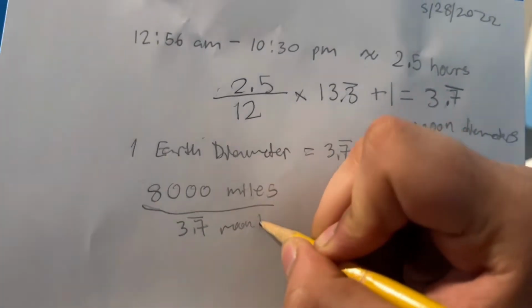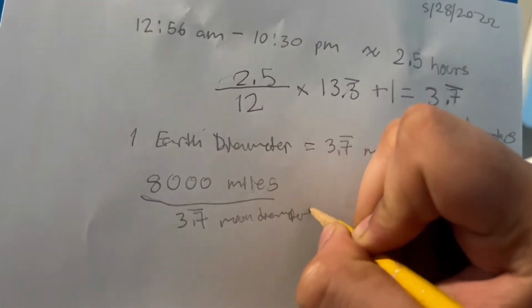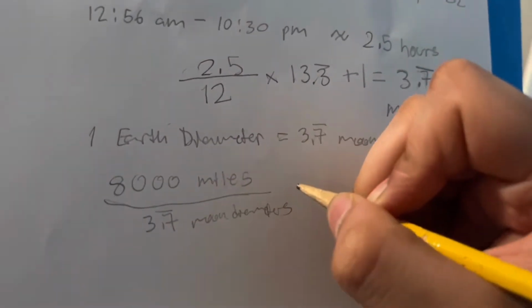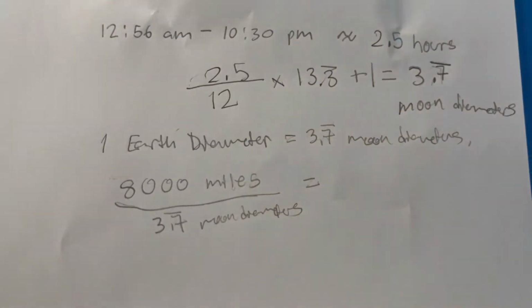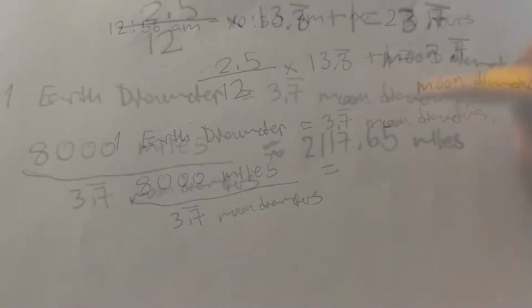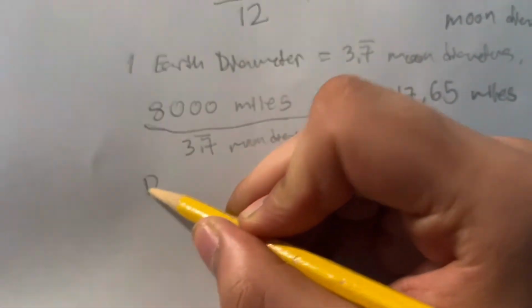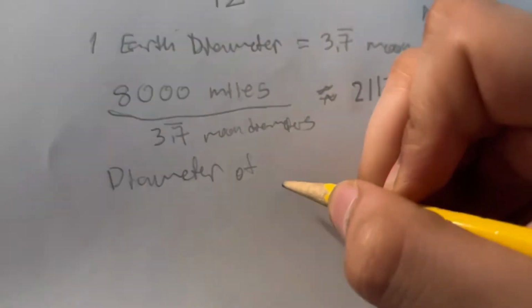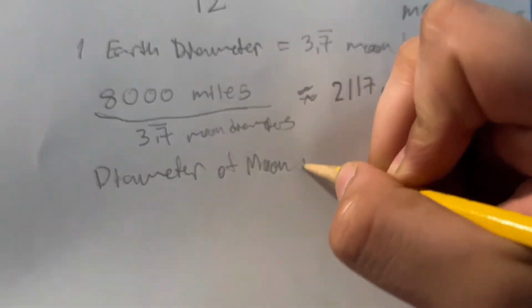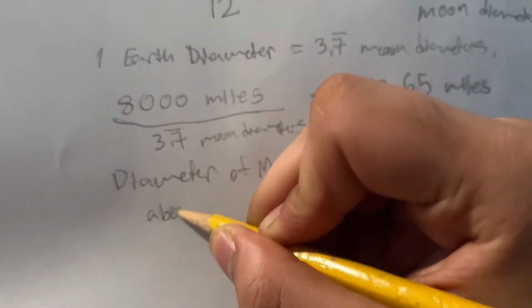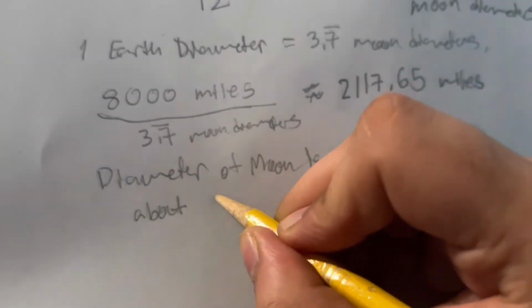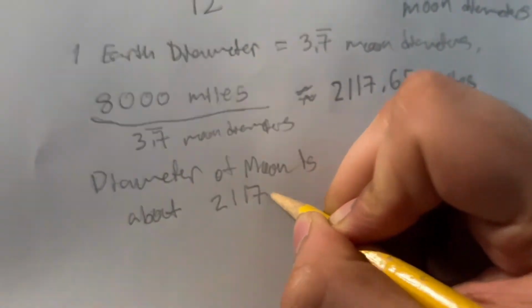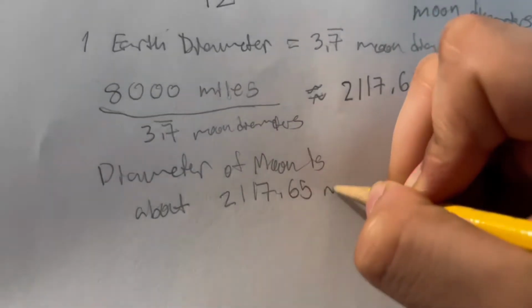And that value will turn out to be approximately 2,117.65 miles. That is the diameter of the moon. Once again, 2,117.65 miles.